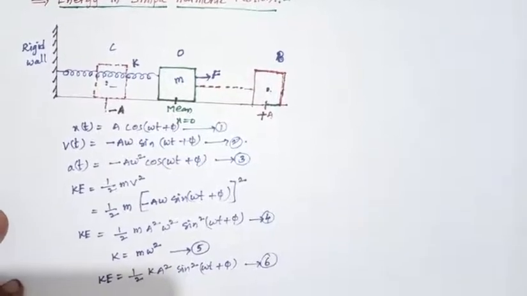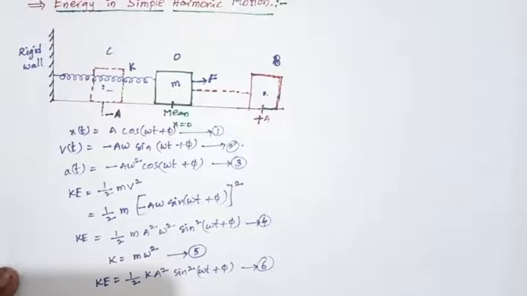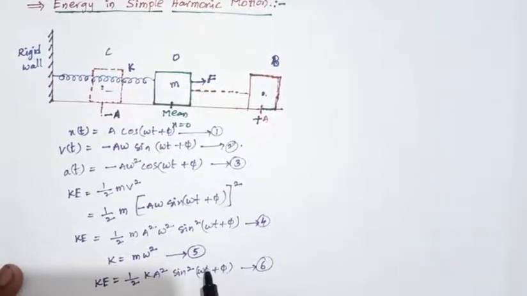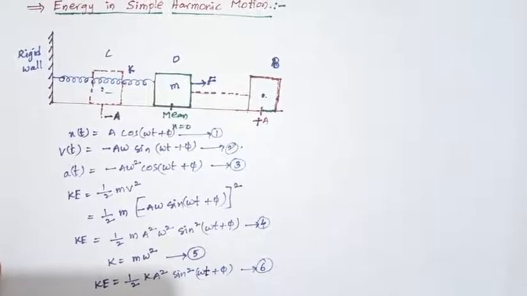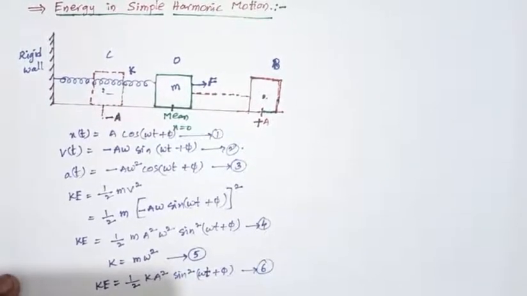So equation number 6 is a periodic function of time. So kinetic energy depends upon the time. When the time increases, what happens here?